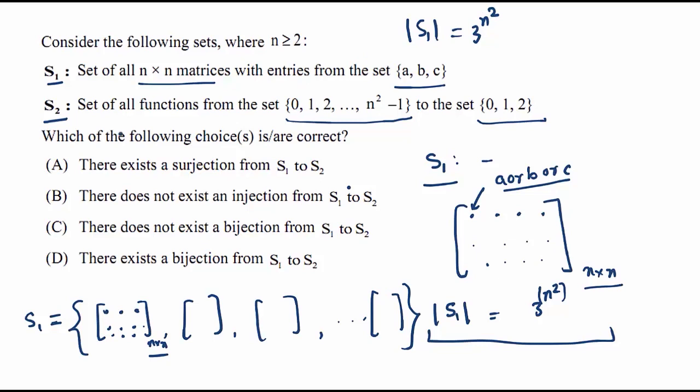What about S2? S2 is a set of all functions. Suppose the functions in S2 are F1, F2, something like that. S2 is the set of all functions from the set {0, 1, 2, ..., n square minus 1} to the set {0, 1, 2}.